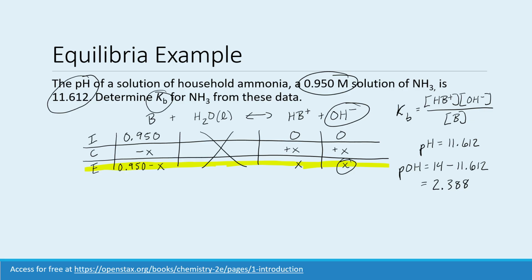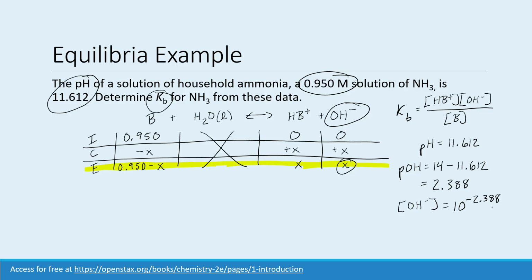If we want to find the hydroxide ion concentration from pOH, then we take the antilog of the pOH. And so the hydroxide ion concentration will be equal to 10 to the negative 2.388.